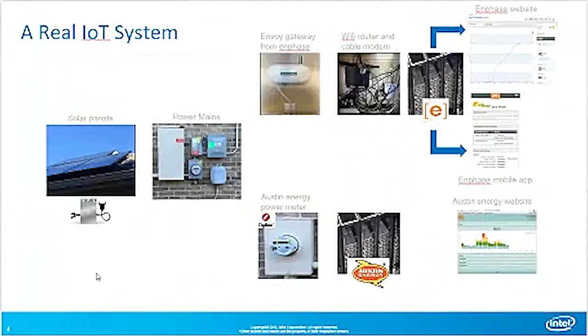This IoT system has 22 solar panels, each of them having a microinverter. The microinverter is the edge device, which is generating information about how much solar energy is being generated by the panel and the inverter. That information is fed into the power mains, which is this picture here. These power mains collect that information and send it off into two different systems.